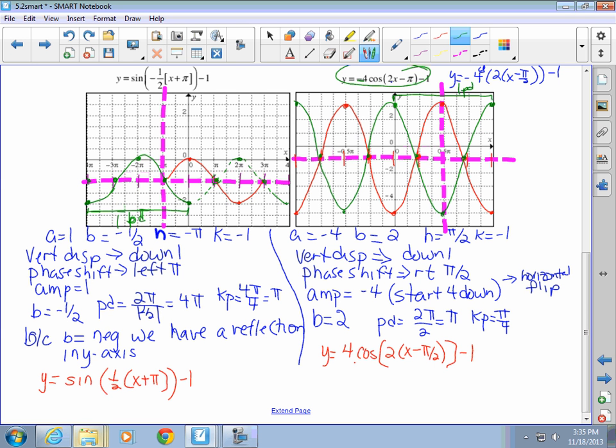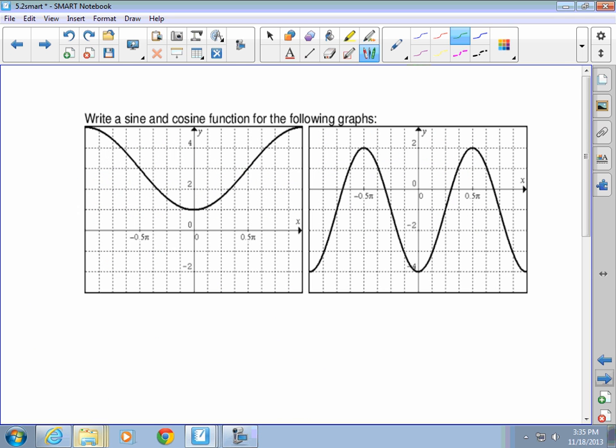Okay, and the last little part here is, what if you're given the graph and then you want to find out what is the equation for it? And you can do it for a cos.